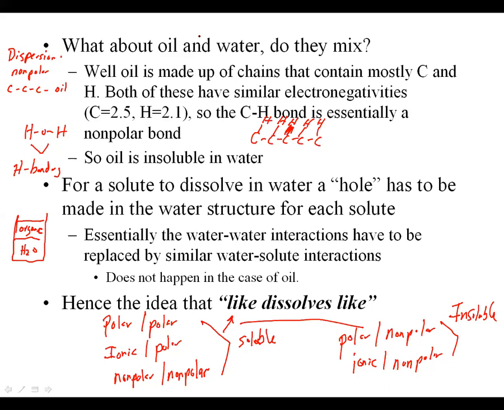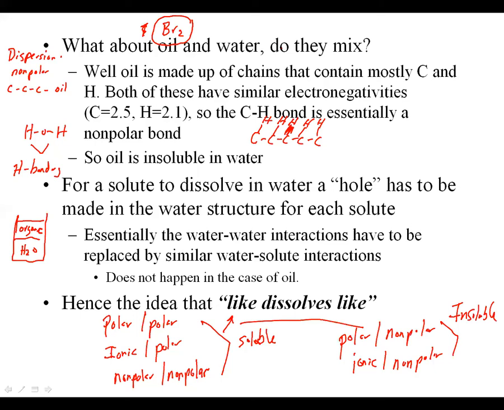Br2 is a nonpolar molecule. Because it's nonpolar, it would want to use dispersion forces for how it's able to interact with something. So if you try to put Br2 in water, they will not mix because water is polar and it wants to use dipole-dipole.